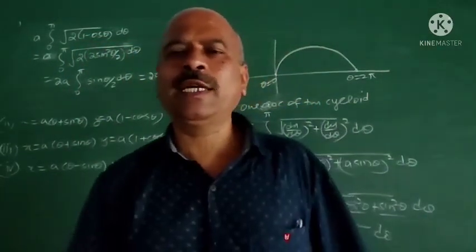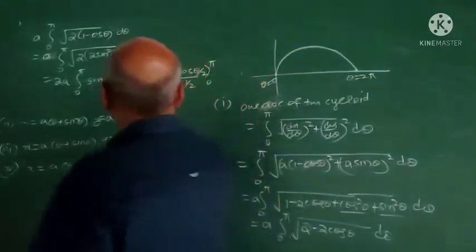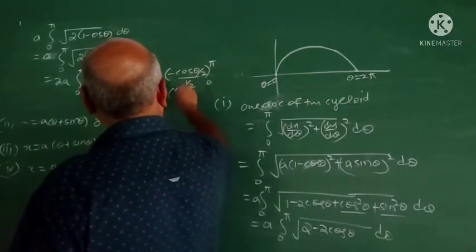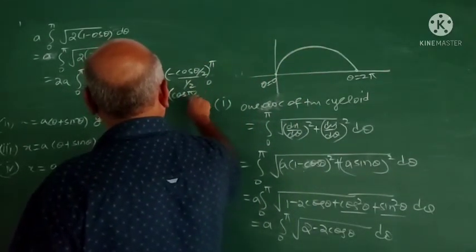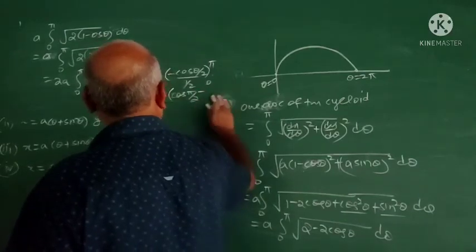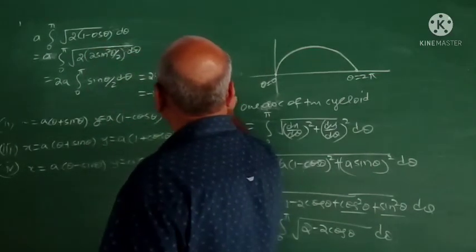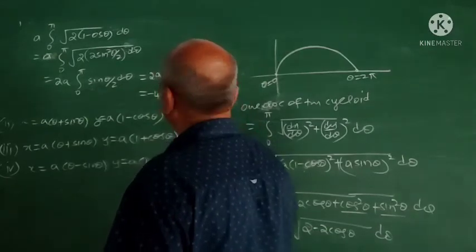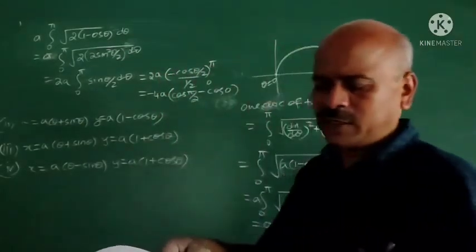What is the integration of sin ax? Minus cos ax upon a. So minus 4a into cos pi by 2 minus cos 0.